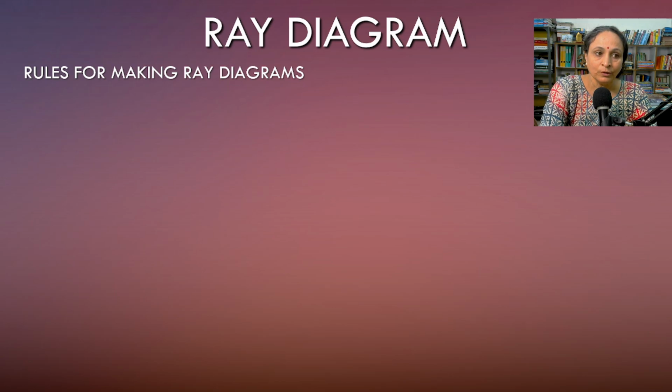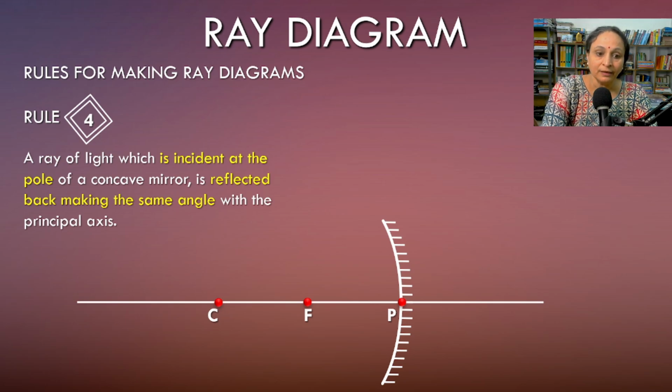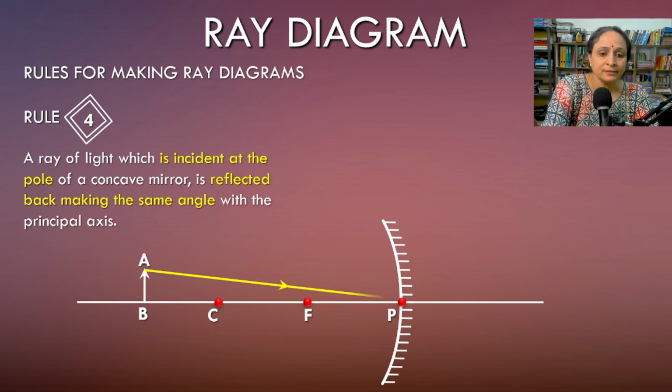Now, rule number 4. What is rule number 4? You have the same mirror, and if a light ray is incident at the pole of the concave mirror, it is reflected back making the same angle with the principal axis. Simple, bhai. Angle of incidence is equal to angle of reflection.